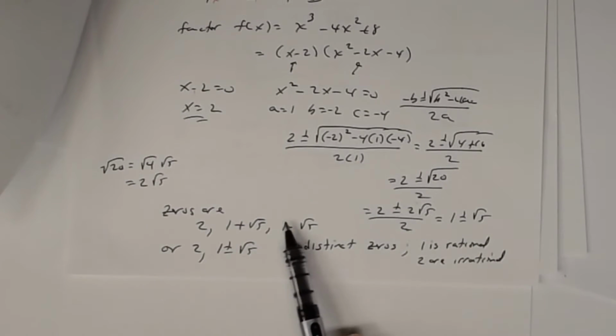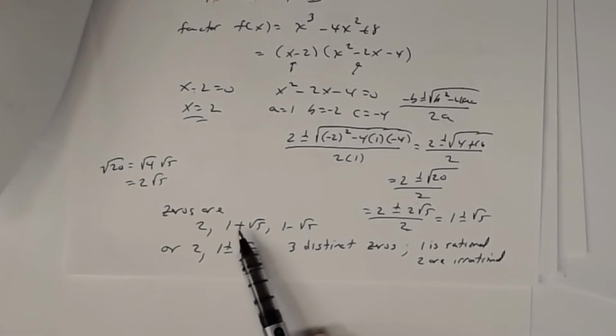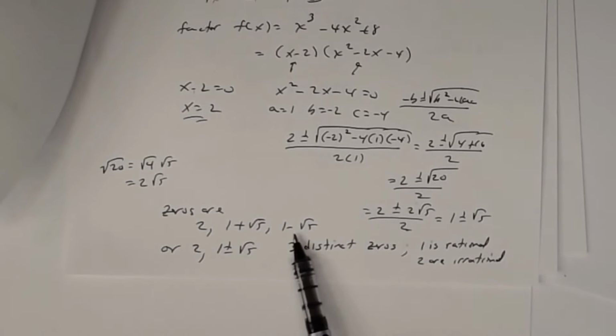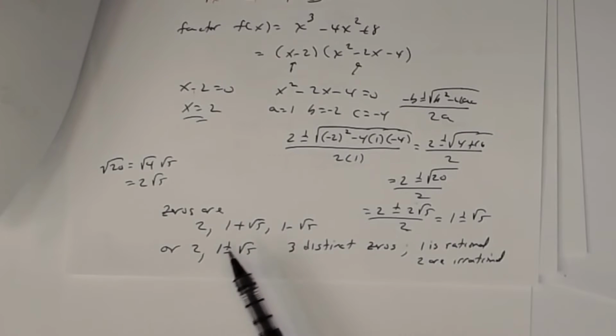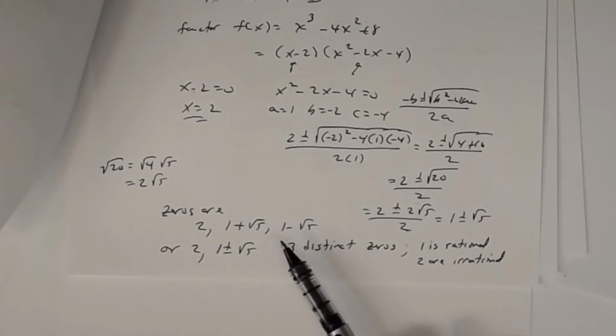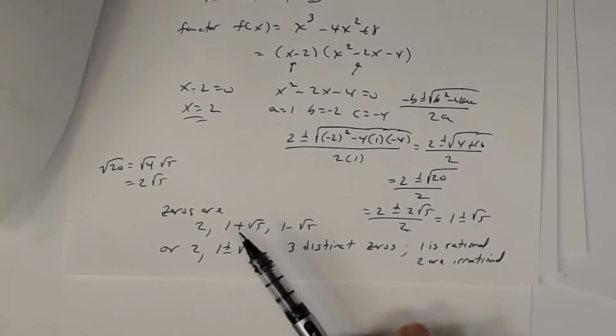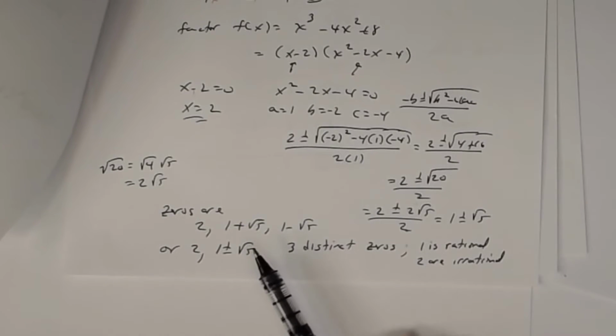One was rational, two were irrational. And notice the conjugate pair, plus, minus: 1 plus the square root of 5, 1 minus the square root of 5. All right, and so we saw at the end of this lesson that the irrational roots come in pairs, and they're called conjugate pairs.